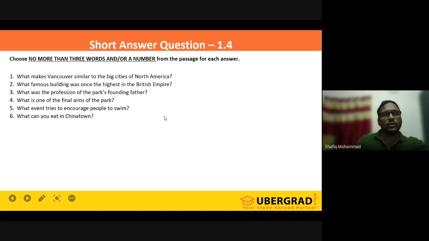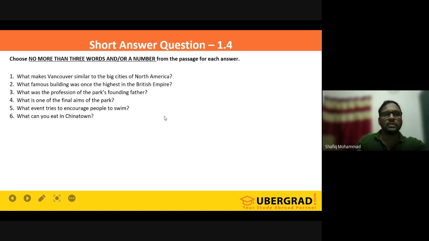Someone is asking whether to write 'the famous building', but no need to answer that. The article is not required there, and the last one also has only two words, isn't it? So in that way, try to match up to three words.